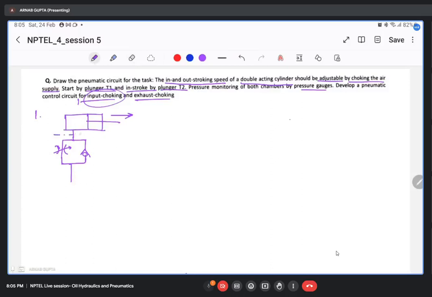And I'm putting one boundary box here. This is a flow control box. Now, I'm just increasing the size of this cylinder.